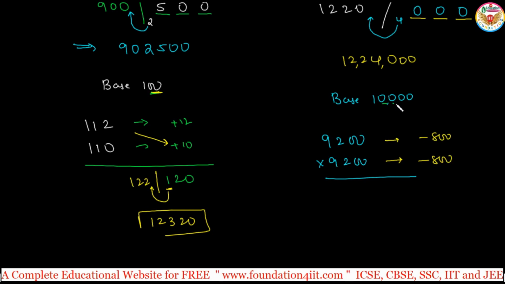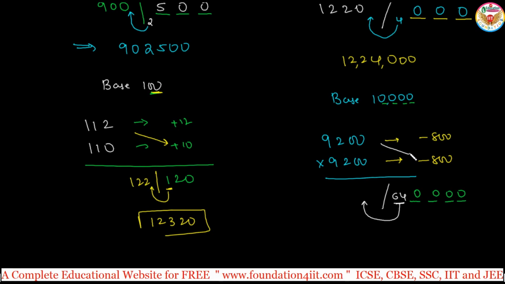Because of 10,000, 1, 2, 3, 4 places only should be in RHS. But 800 into 800 is 640,000, so 4 zeros, 1, 2, 3, 4, then 64. So this 64 should be added to the previous.